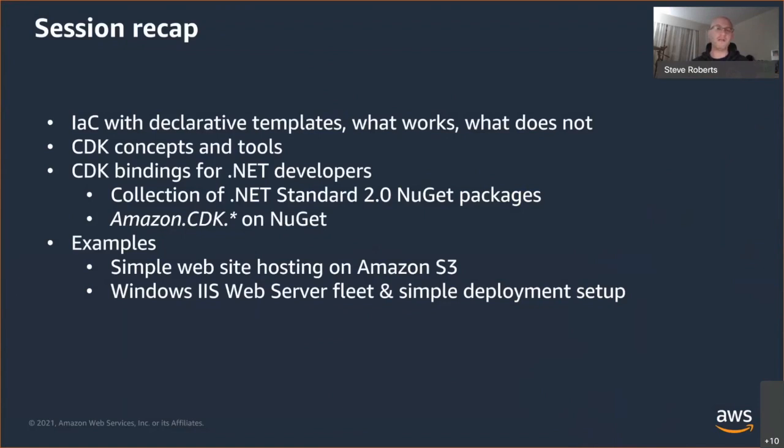You find them on NuGet. You can build your own and distribute those. And a couple of examples, the simple website host on S3 to get us started with kicking the tires with the CDK command line, using constructs in a stack, how to structure the applications, etc. And then a slightly more involved demo, the Windows IIS web server fleet, and having a CI/CD pipeline set up for us. A very simple one, albeit, but a very useful one.